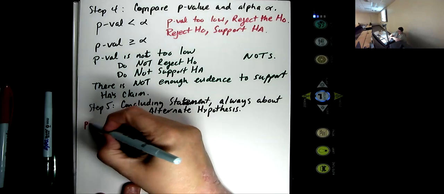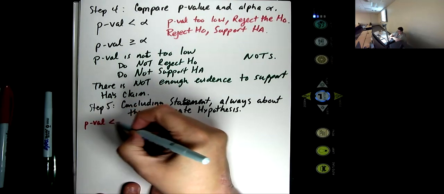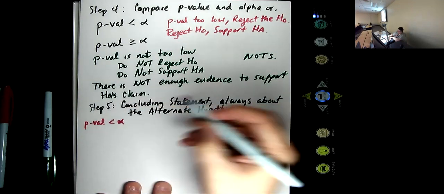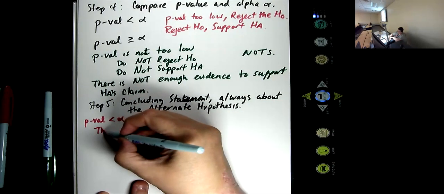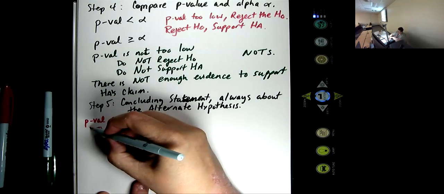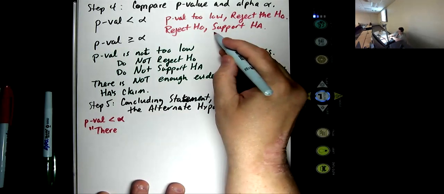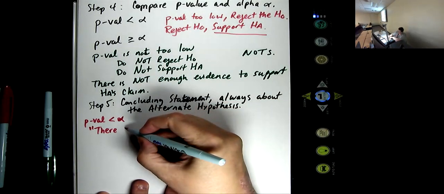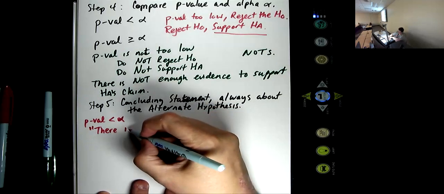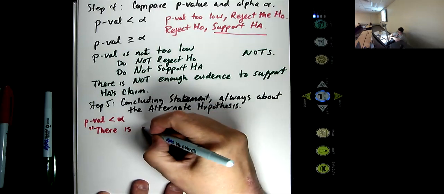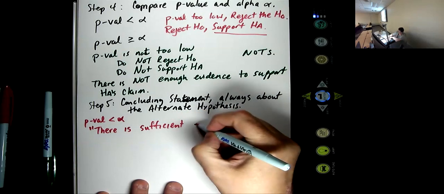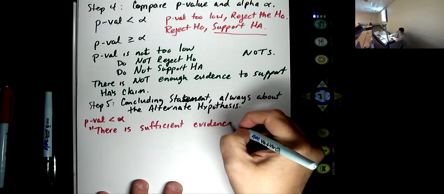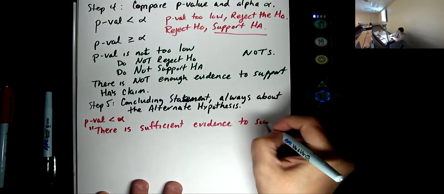In a scenario where the p-value is less than alpha, we are supporting HA, so we must have enough evidence to do it. There is sufficient evidence to support the claim.